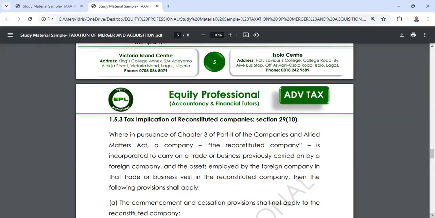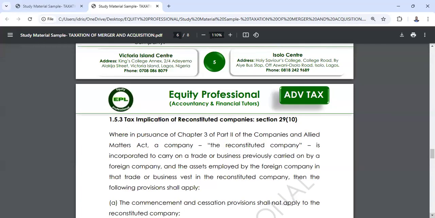The local investors will take over the company owned by the foreign investors. So that is a reconstituted company. In a nutshell, a reconstituted company means a company where there are changes in ownership structure.